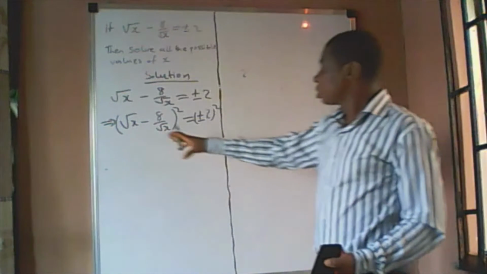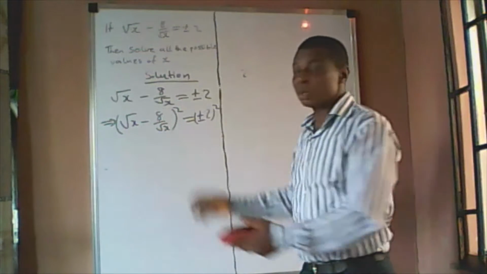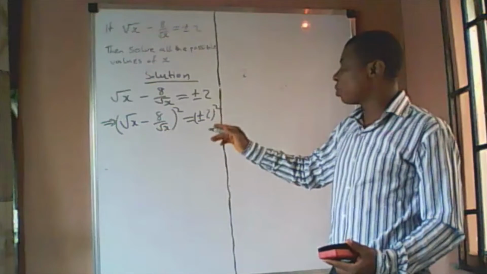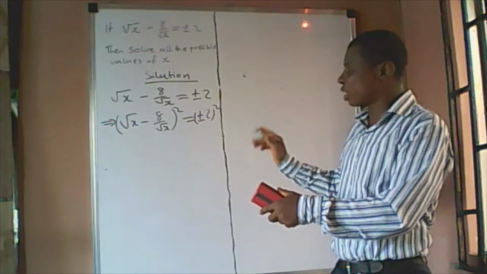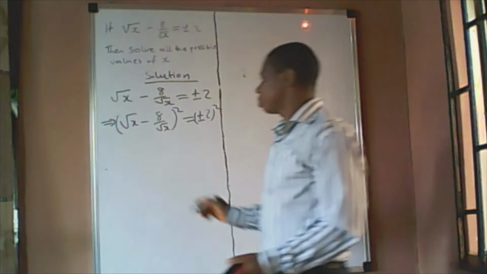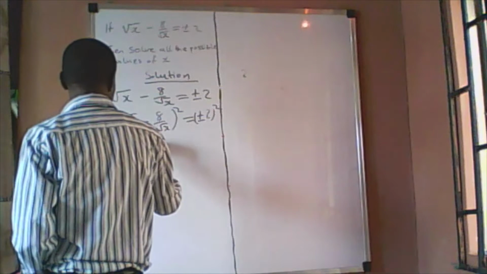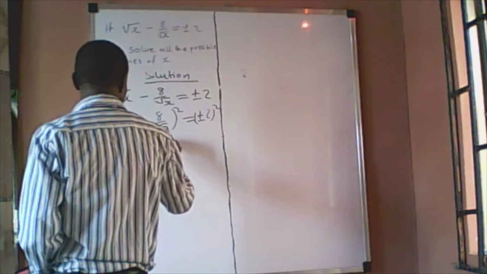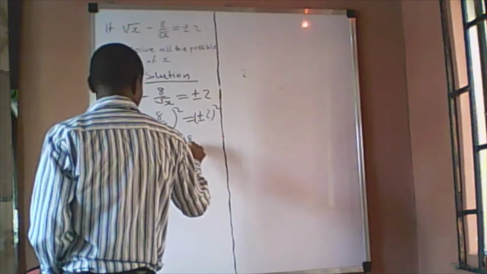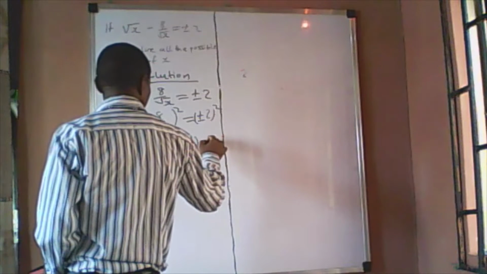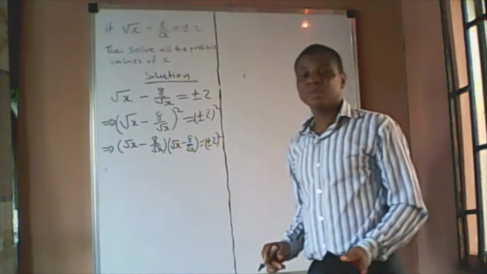Now we know that root x minus 8 over root x, all in parentheses, power 2 is the same as saying root x minus 8 over root x, all in parentheses, times root x minus 8 over root x, all in parentheses. That is that.